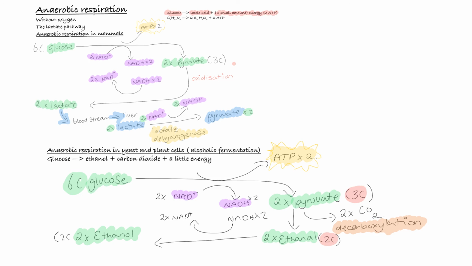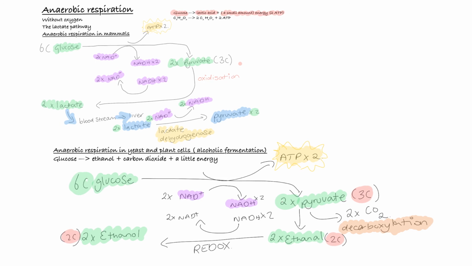When the ethanal is converted into ethanol, the reduced NAD is oxidized to produce NAD+, which can re-enter the glycolysis pathway and allow it to continue. The ethanol is then excreted out of the cell and lost from the organism.